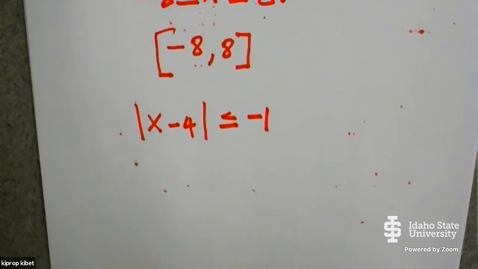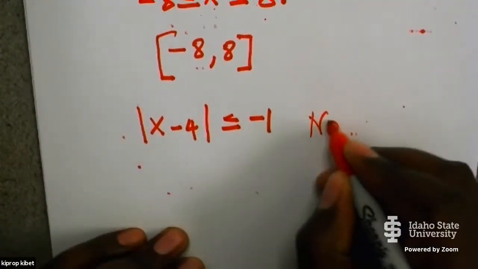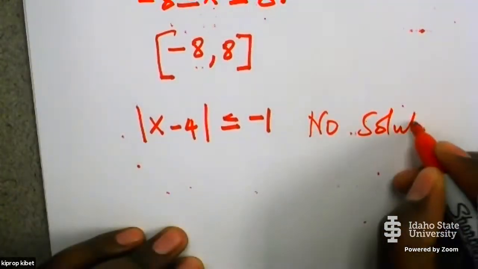No solution. So there is no solution, right? Because of the equal sign, we cannot find a solution here, because the absolute value should be greater than 0. So there's no solution.